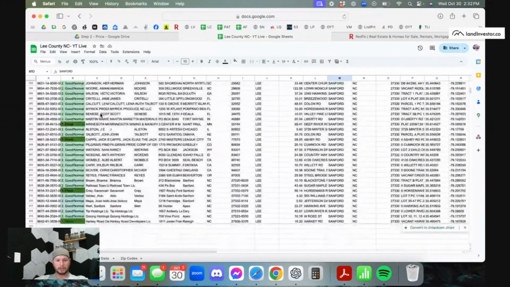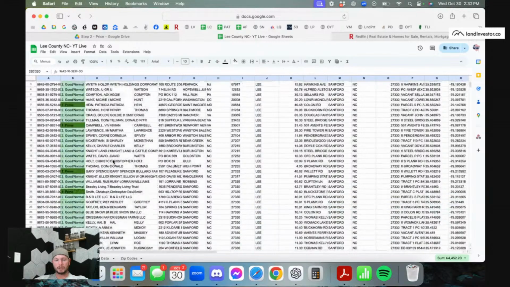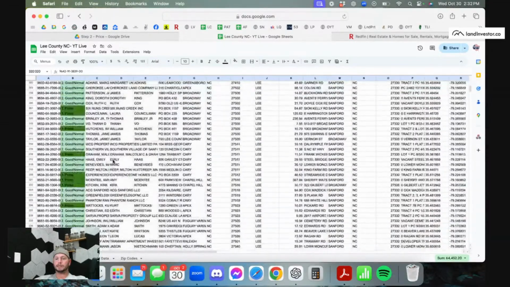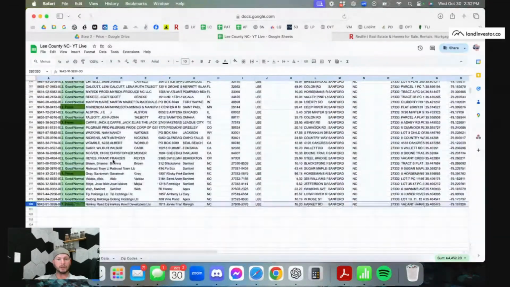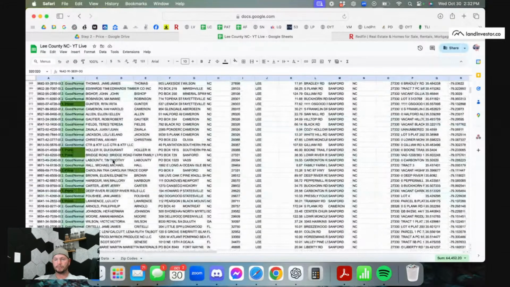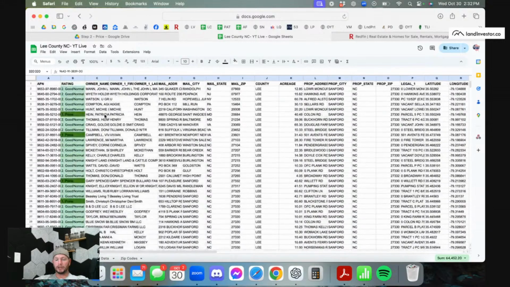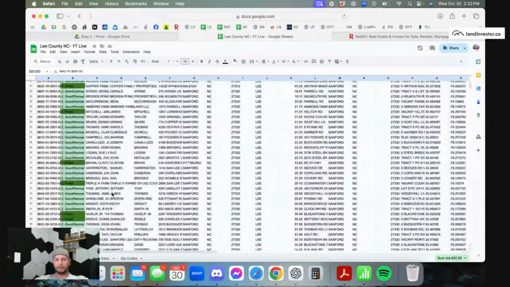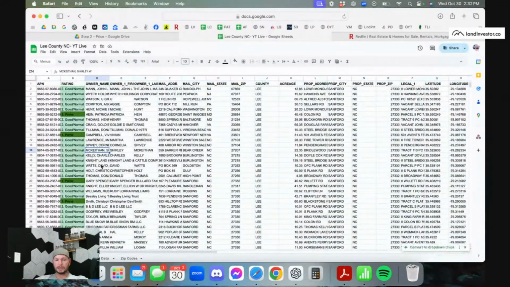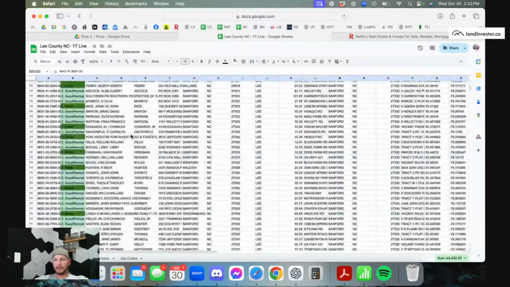It's a very small 320 parcel list. The reason it's so small is this list was about 4,500 to 5,000 parcels, but we scrub them out. We are relentless on our scrubbing and we pick only the best properties. So these are the top 320 properties in that county.